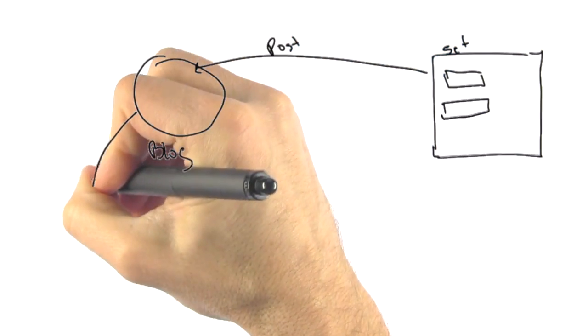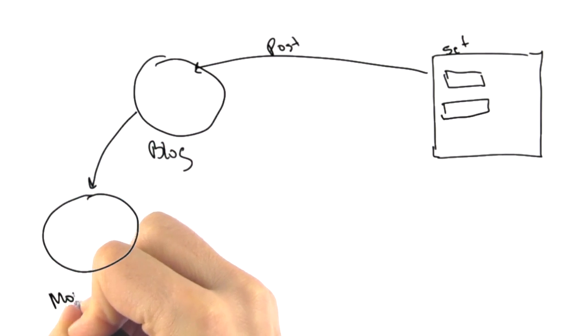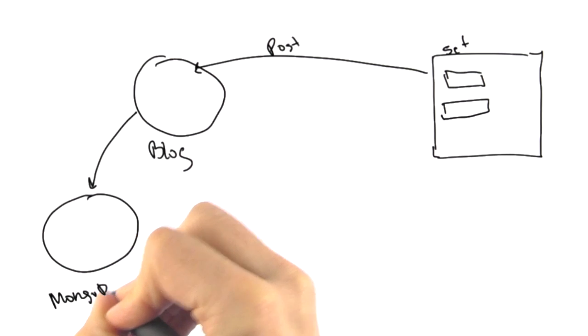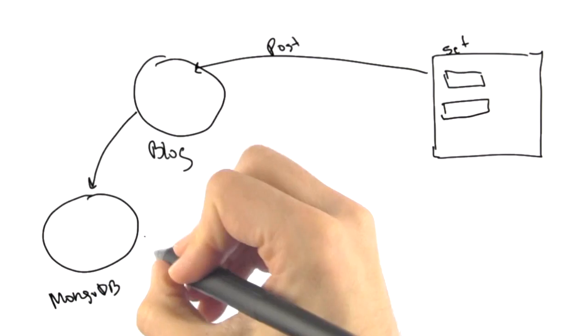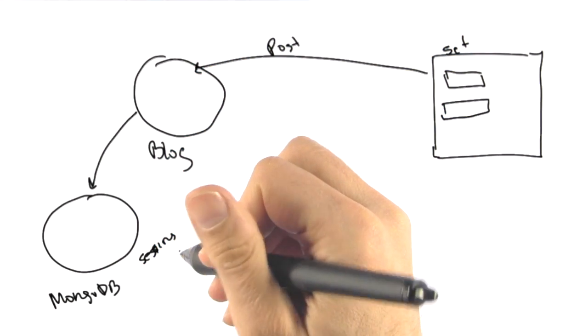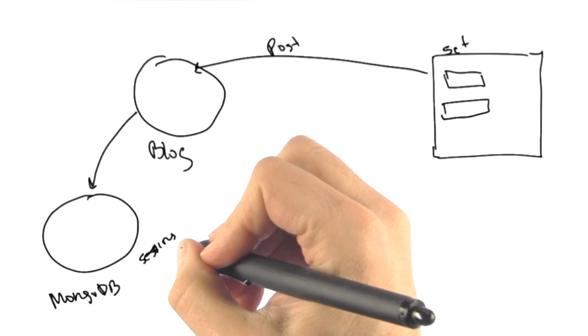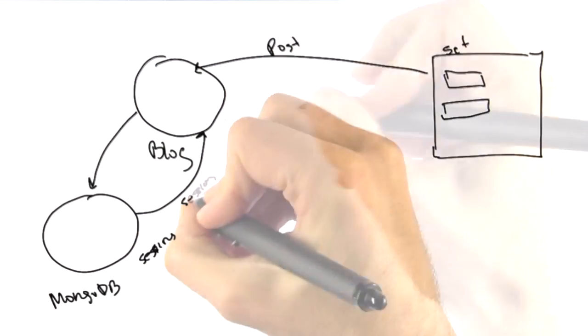And what the blog is going to do is check it against the credentials inside the users collection, inside MongoDB. And if it looks like a valid login, it's going to create an entry in the sessions collection. And that sessions collection, it's going to have this long session ID, which is going to become the cookie. So it's going to respond back with the session information, if it's a valid login.